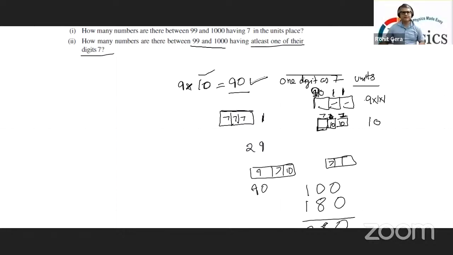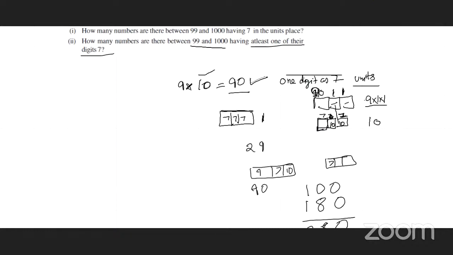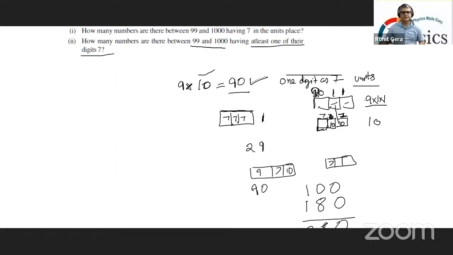If you put it in the tens place, you got 9, then 90 more. You can put 9 here and 10 here. But this will include 7 also, two digits will become 7, whereas we are assuming only one, so let's say 9 only, 81.